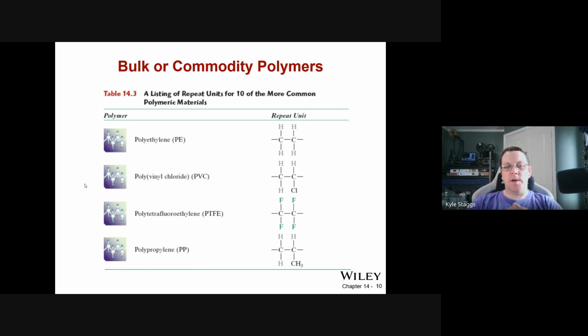Polypropylene is very commonly used in other applications. So this is higher temp applications where something needs to be dishwasher safe or autoclave safe, for a lot of medical equipment and things like that. So polypropylene is used a lot of times there.